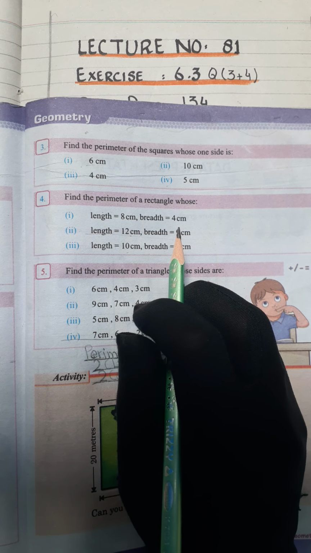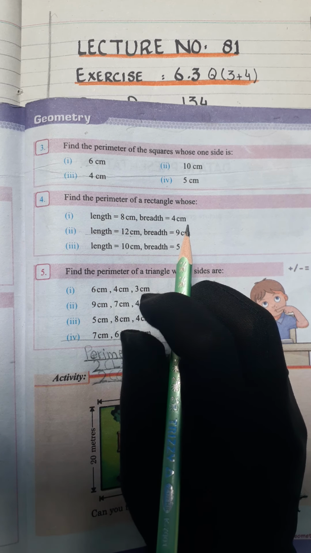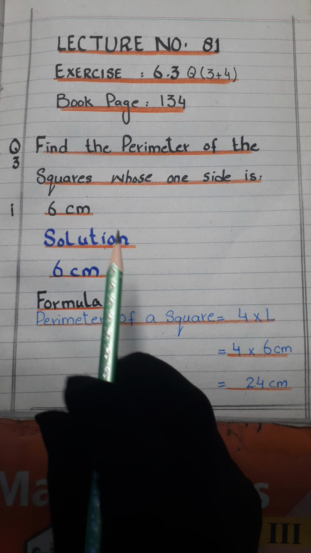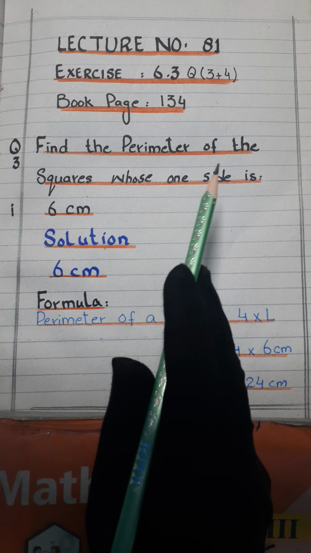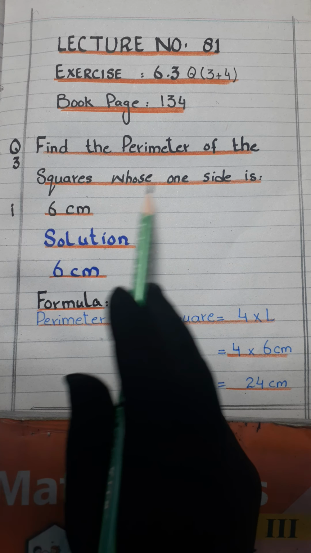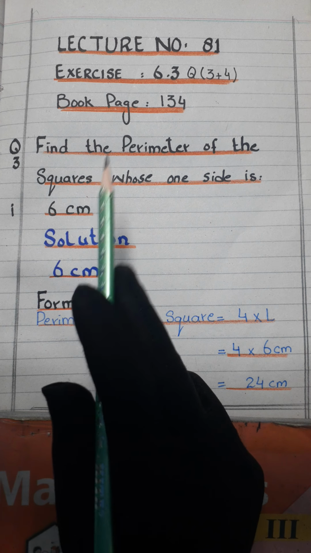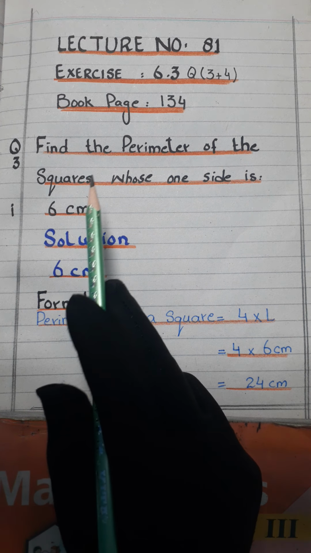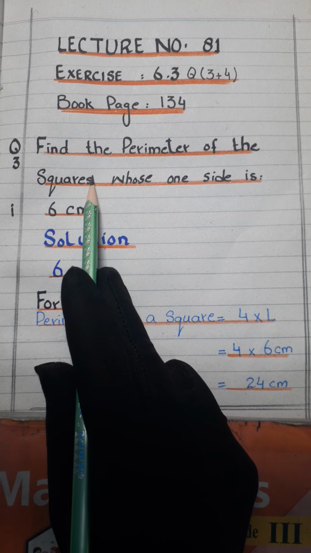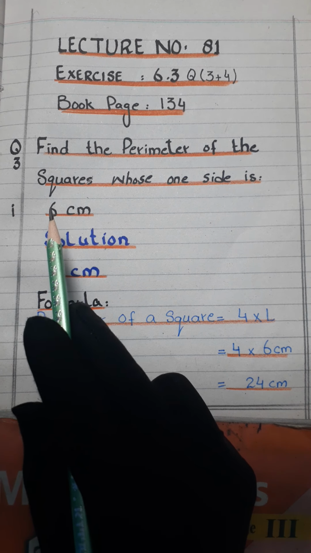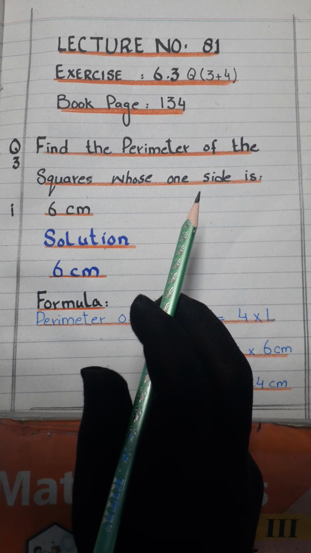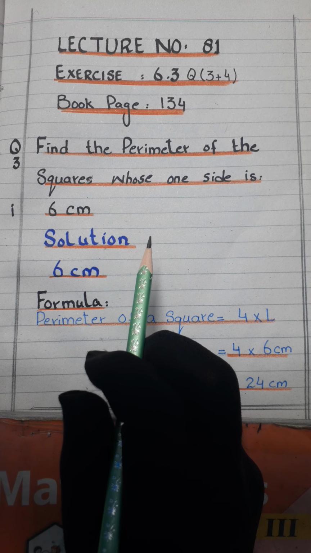So look at your notebook. Find the perimeter of the squares whose one side is given, total 4 parts. We find the perimeter of a square whose one side is 6 centimeter.